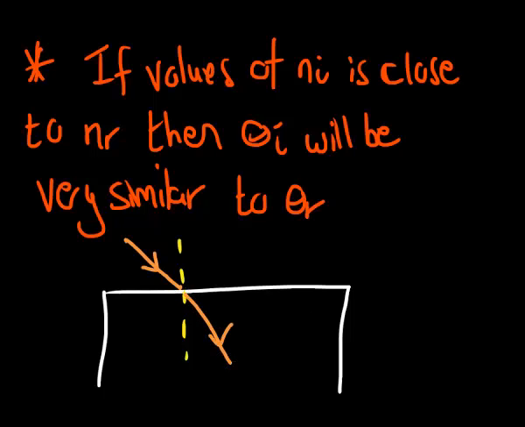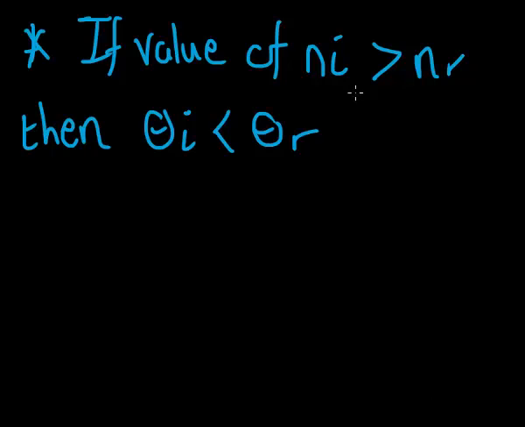Now, if the refractive index of the first optical medium is far greater than that of the second medium, then your angle of incidence will be smaller than the angle of refraction.